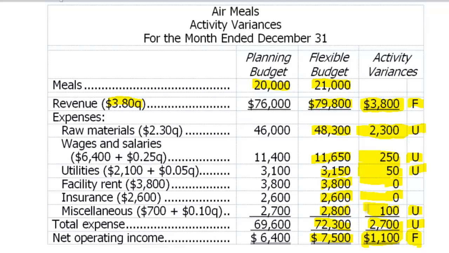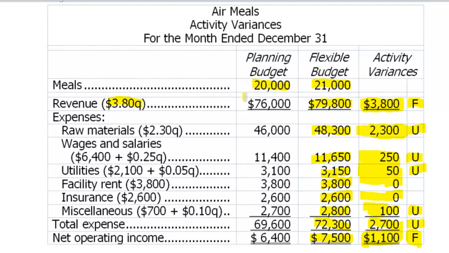They went up $3,800 when you compare plan to flexible because of a higher activity level. Net operating income went up $1,100. It went up because of a higher activity level. We still don't know if that's good. We still don't know if that's bad. We're going to have to compare our actual results to our flexible budget.